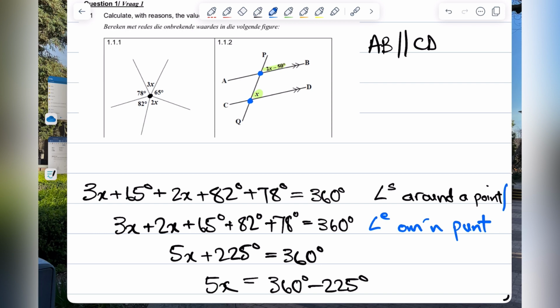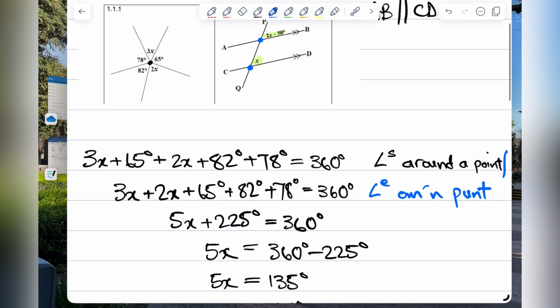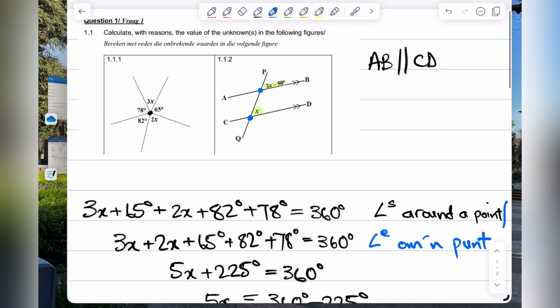So natuurlik weet ons dat daar is sekere vorms wat ons kan uitken. So ons weet van die F-vorm en die Z-vorm en die U-vorm. The Z-form, F-form and U-form, where we can identify these angles by looking at those shapes. The F-form that you are seeing here would be the upside down, if I can just maybe use red here.